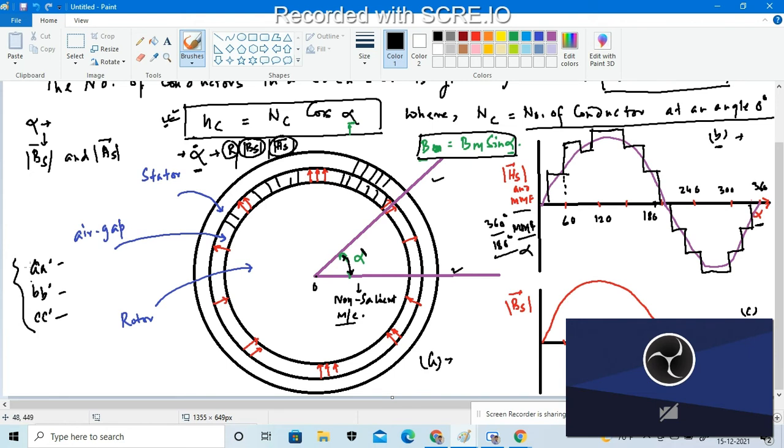So for considering the induced voltage in an AC machine, we have to consider three different sets of current windings in a stator that produce a rotating magnetic field, which can produce a three phase set of voltages.